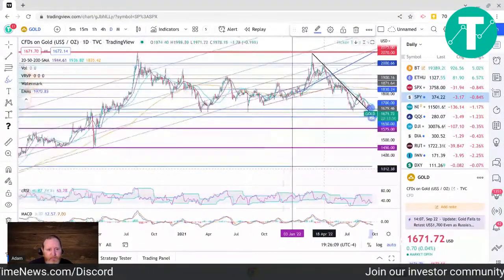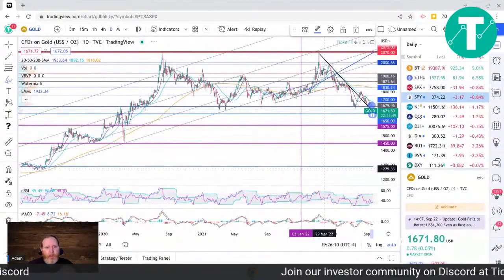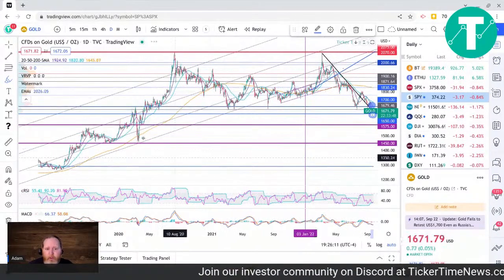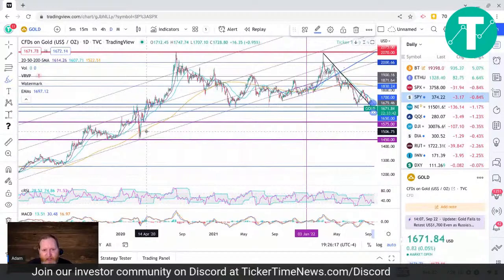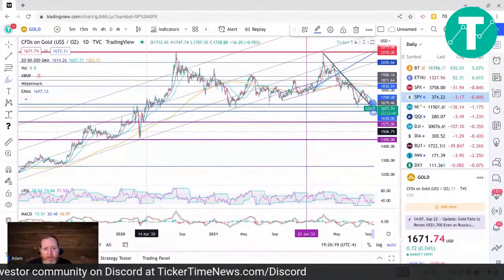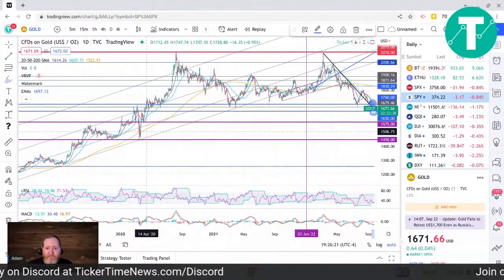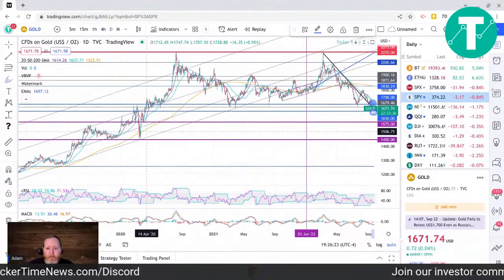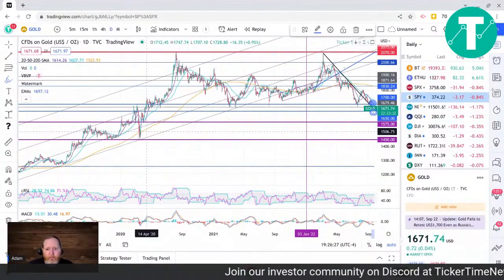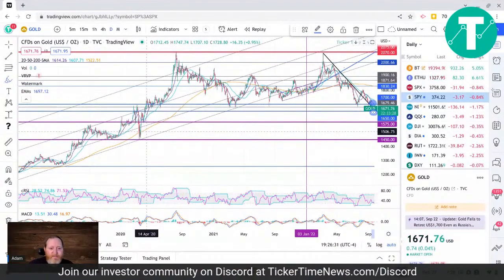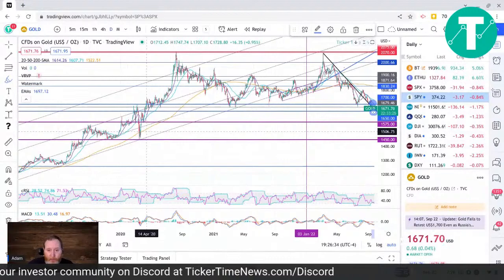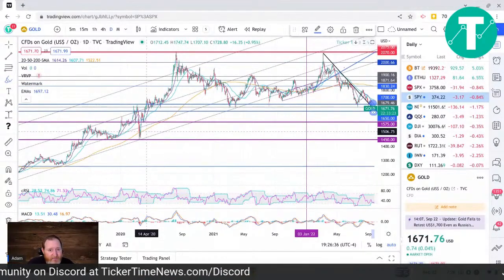I want to show you these two purple lines. If 1650 is broke, gold is going to fall all the way to 1575. That is a big drop. $75 worth of gold vanishing if it breaks that support area, because that's the next place there's support, and it's not very strong. It's actually kind of weak.